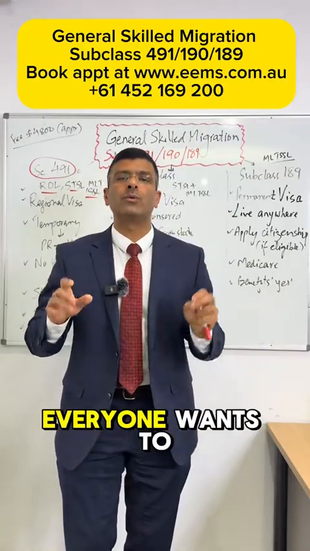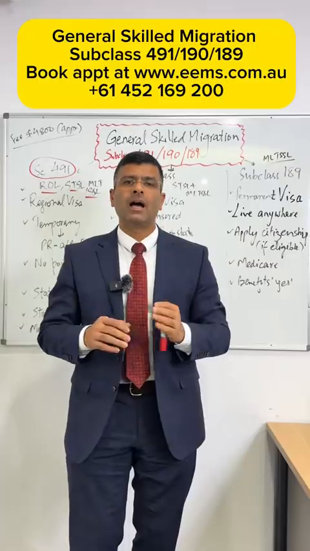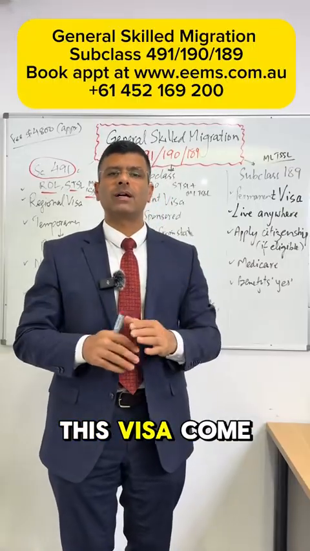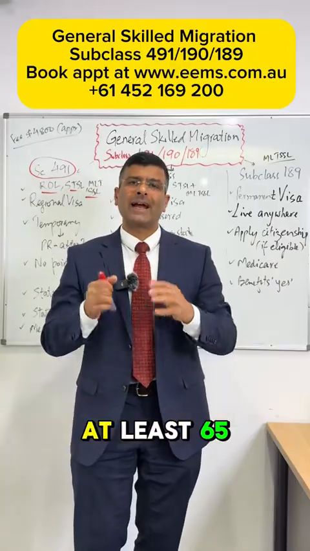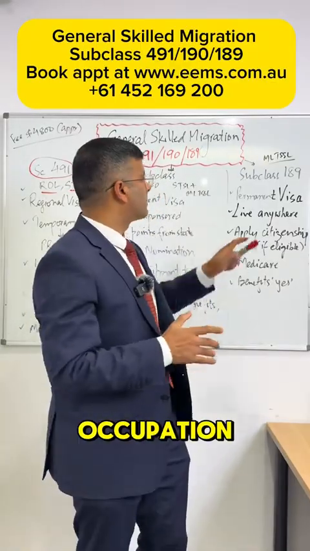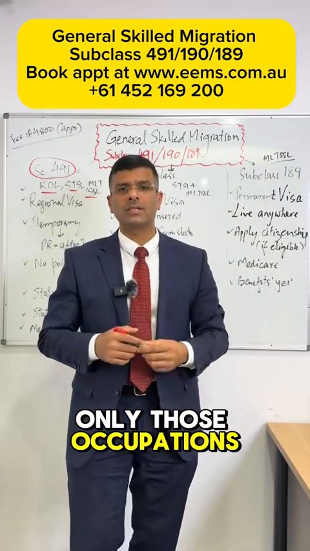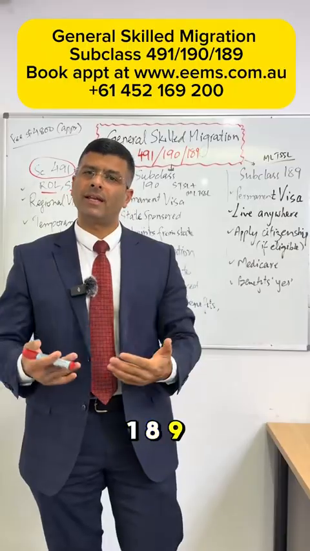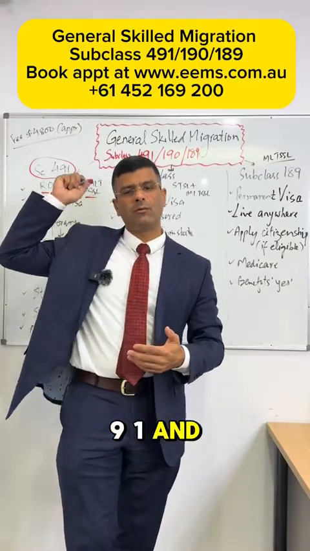Okay, so next is the subclass 189 visa. This is what everyone wants to have. The 189 visa is a permanent resident visa, and invites for this visa come from the Department of Home Affairs directly. You require at least 65 points of your own, and you need to have an occupation which is on the medium and long-term strategic skill list. Only those occupations are eligible for 189 invites. You're required to submit an expression of interest as you do for 491 and 190.